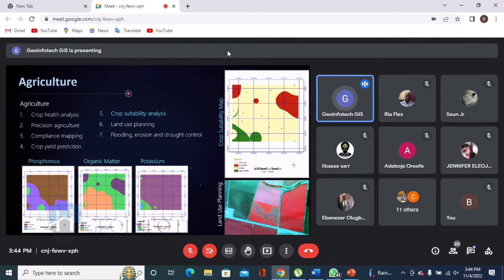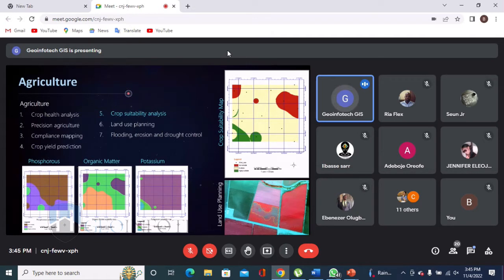So for something like this, some of our clients must be interested in rice production, for example, or let's say something like cocoyam or other ones like that. So one of the first things you will look out for are those parameters that will support this type of farming. And we pointed out three major parameters, which is the phosphorus, organic matter, and potassium.